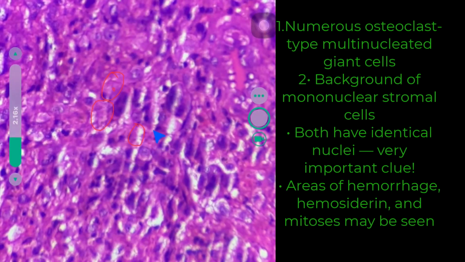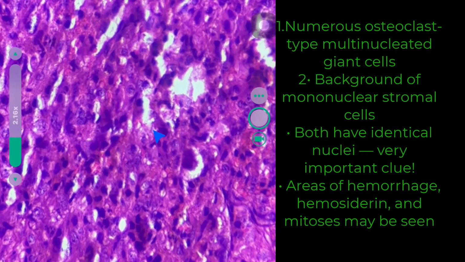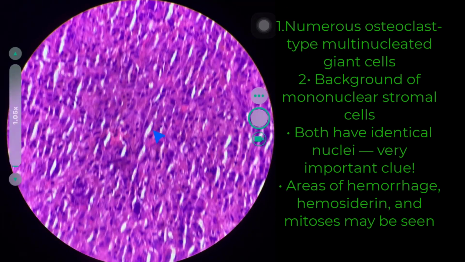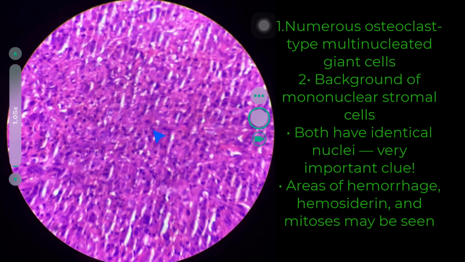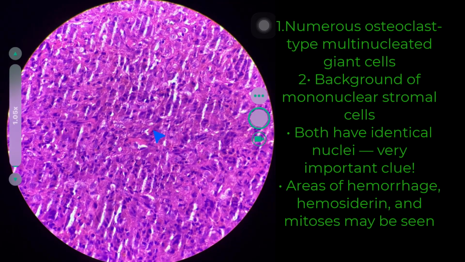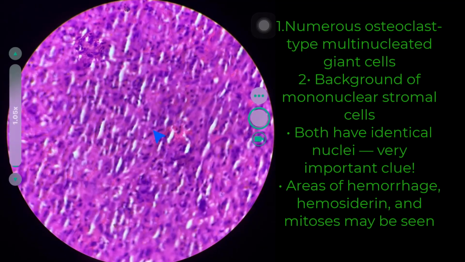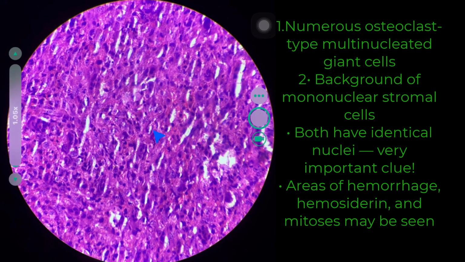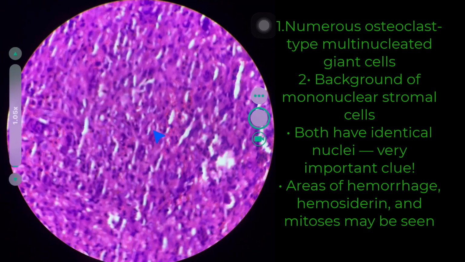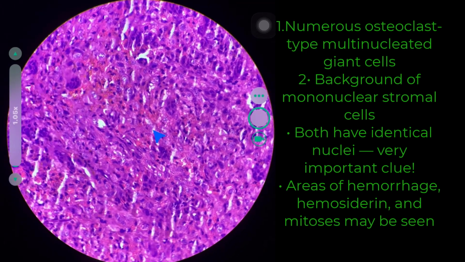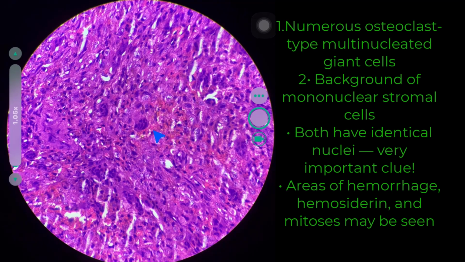So now let's see what the giant cells are actually arising from. These are the osteoclast-like giant cells, numerous and uniformly distributed. They are multinucleated, having 20 to 50 nuclei per cell, and this is the hallmark feature.